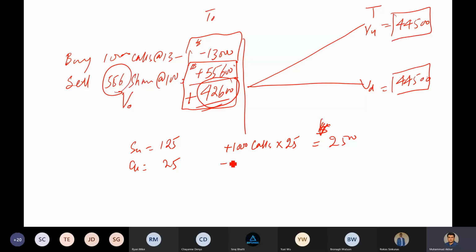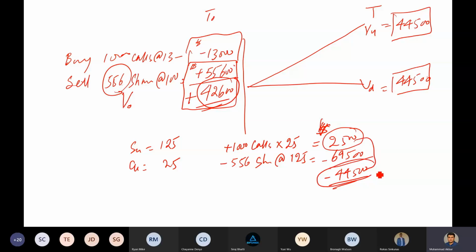That will be a minus sign of 556 shares at 125. 556 multiplied by 125 is 69,500. So you will have to use this much money to buy back the shares. So your net amount that you need to actually use is 44,500 to buy these shares, because 25,000 will be received from the exercise of the calls. So you see, this is how you get this.